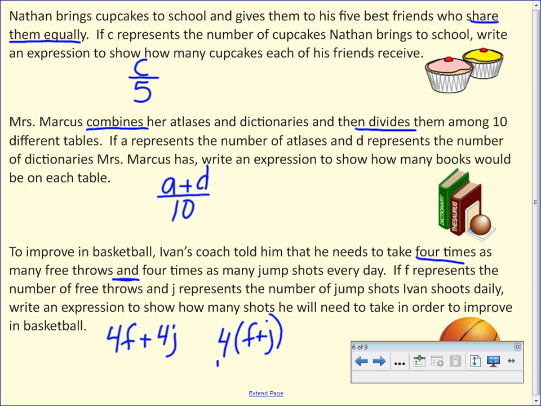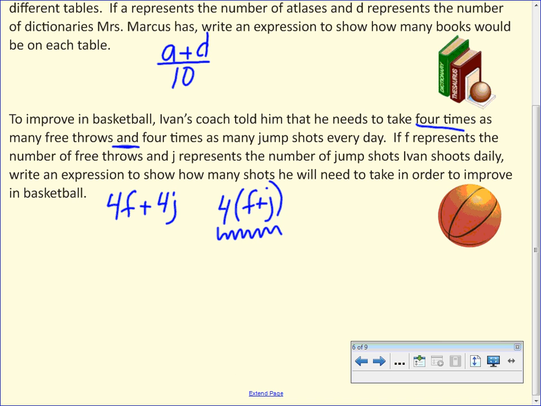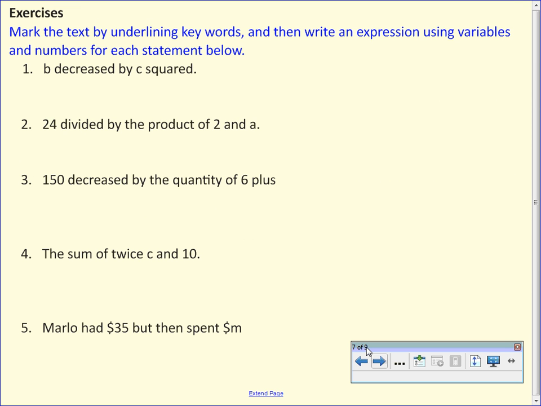Right, and this would be your better answer: 4 times as many free throws and jump shots. Everybody make sure you have that written in your notes. Are we okay with that? I'm going to give you a minute now to practice the exercises. There are 10 exercises. Work on them on your own, and then we'll go over them.